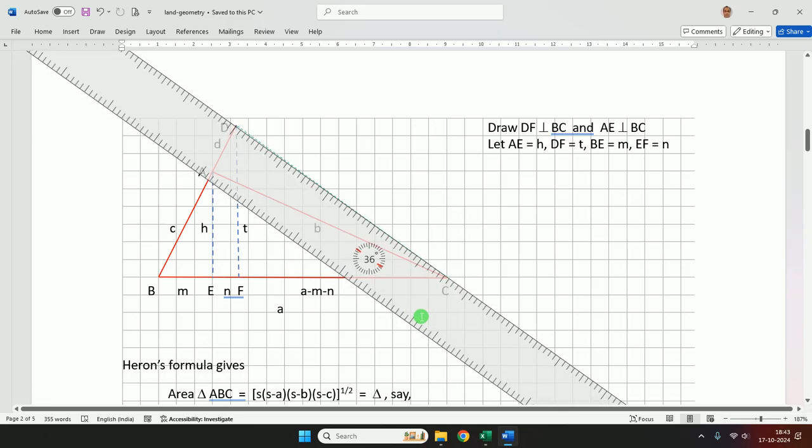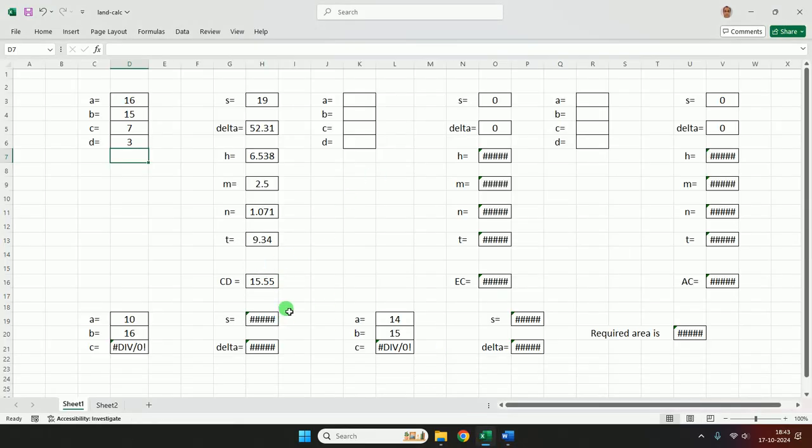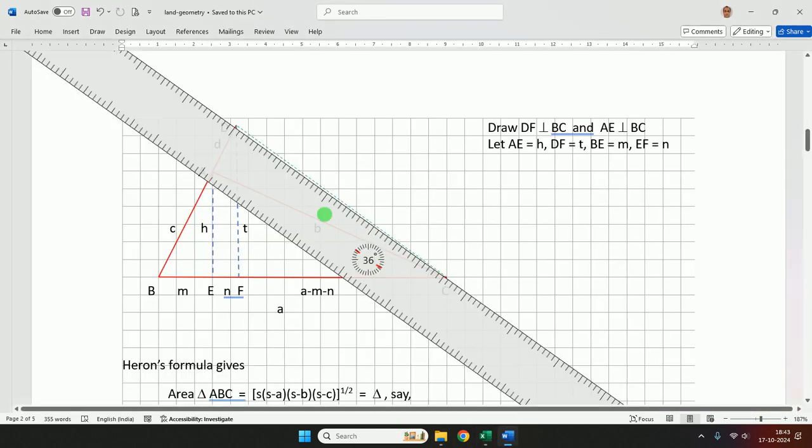Okay, yeah, slightly more than 45. So it is slightly more than 15. And what is the answer given here? 15.55. So quite close. This scale measurement is not so accurate.